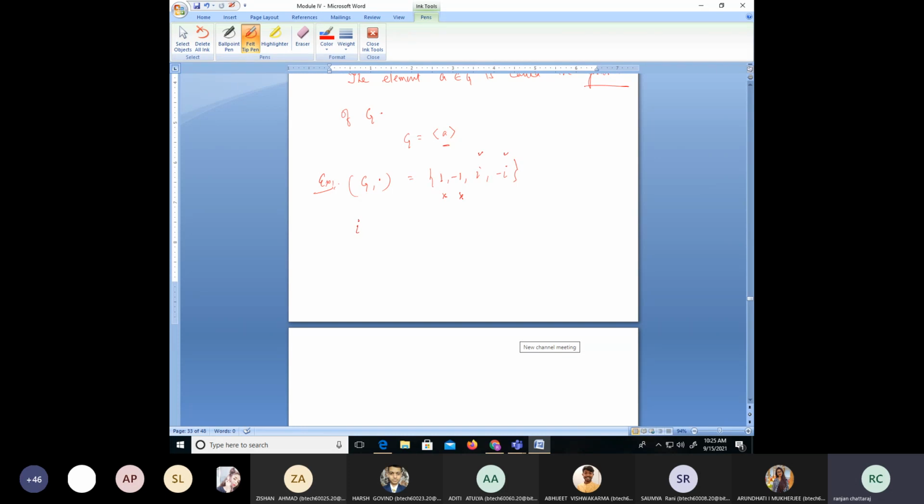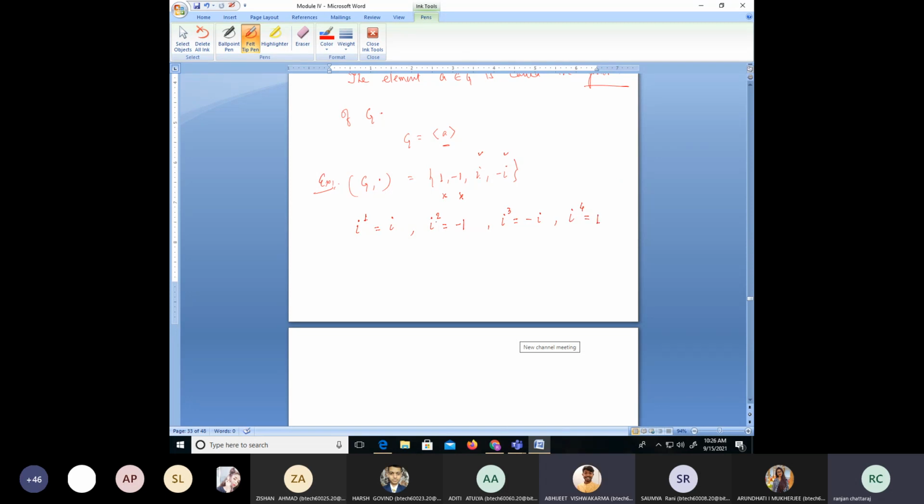You see here, i to the power 1 equals i. i to the power 2 gives minus 1. i to the power 3 gives minus i. i to the power 4 gives 1.